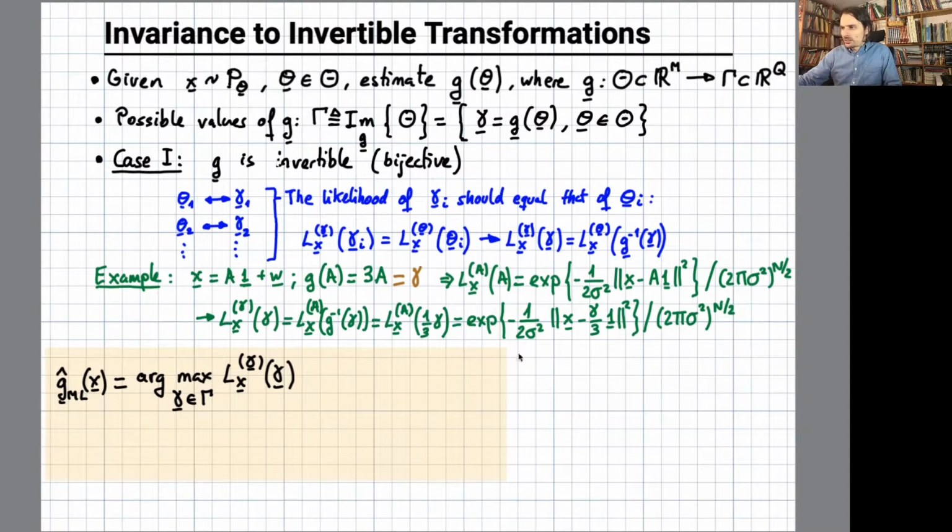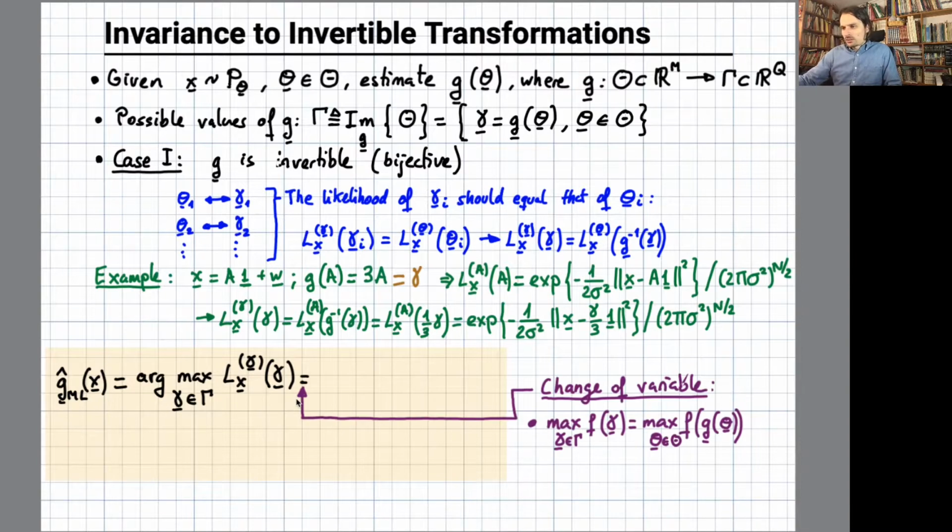So it is quite easy to find this likelihood function. Now we are ready to find the maximum likelihood estimator of g, which clearly is given by the value of gamma that maximizes the likelihood, okay? So to express this in a more convenient way, we will be applying a standard optimization trick.